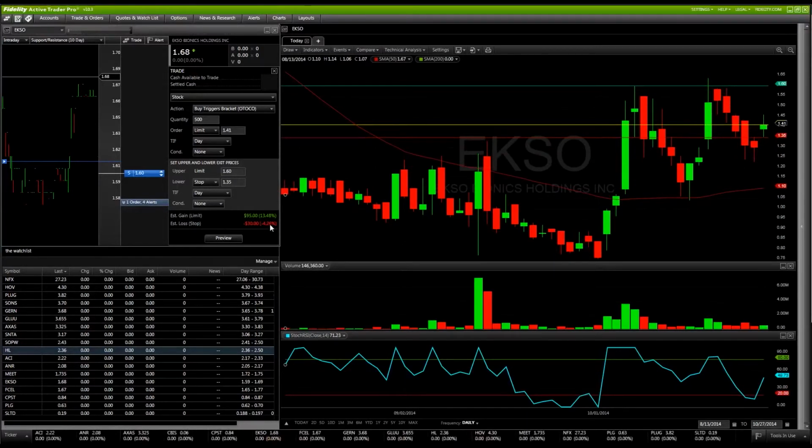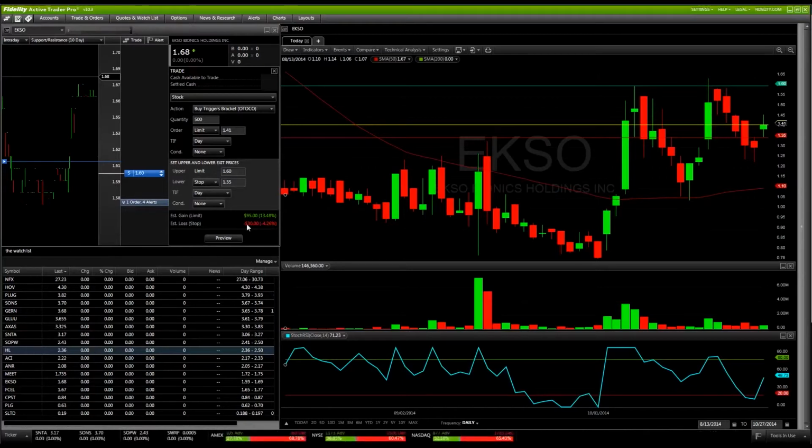Also, the dollar amount, so this $30 risk, should be less than 2% of your total account value. So now we've got a 13.5% gain, a 4% risk, and we've checked to make sure that $30 is going to be less than 2% of our entire account.